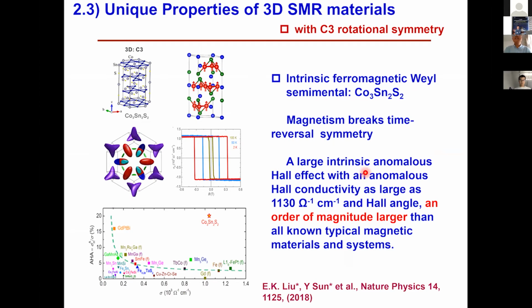They found that the anomalous Hall effect is very large, with very large Hall conductivity and also Hall angle, an order of magnitude larger than all known typical magnetic materials and systems, as you can see from the figure here. So the new material is very unique among other similar materials.